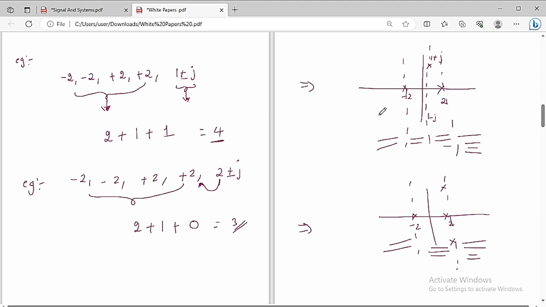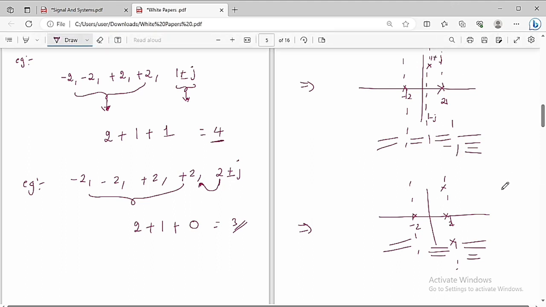Even if you forgot the formula, just by drawing the picture we can get the concept. So for a given F of s, try to find all the poles, draw the picture and draw the straight lines, and from it we can figure out how many ROCs are possible, because the ROC will never include the poles. So always you have to draw sigma, draw a straight line from sigma, and draw the ROC. You can see this clearly here.